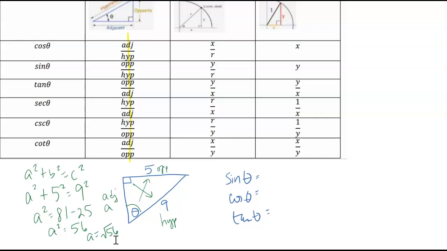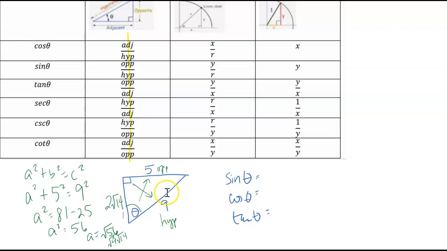The biggest number that I can find that goes into it is what I want to go for. So 4 goes in there 14 times. So if 4 goes in there 14 times, I'm going to split that up, and that becomes a 2 root 14. So in the place of this, I'm going to put a 2 root 14.